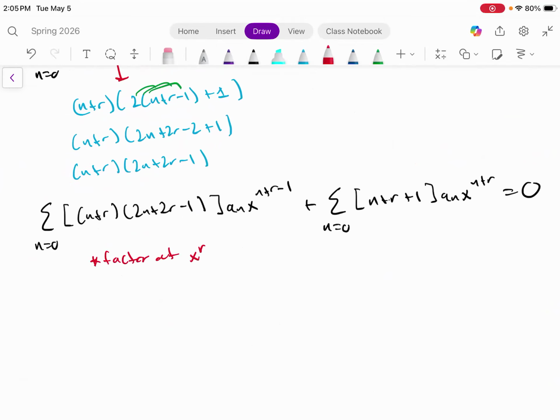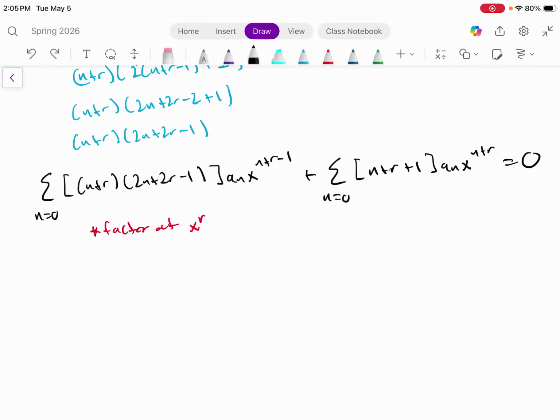Okay, so I want to factor out an x to the r. I'm going to be factoring out this x to the r right here. They both have x to the r, so let's go ahead and factor that out.